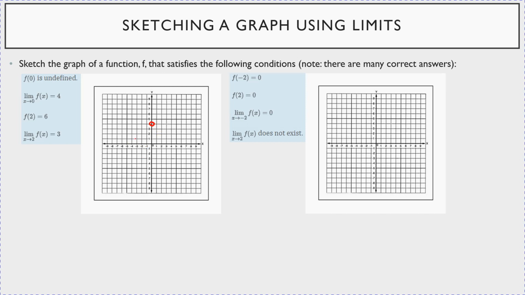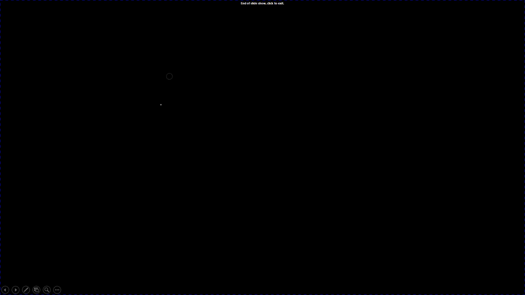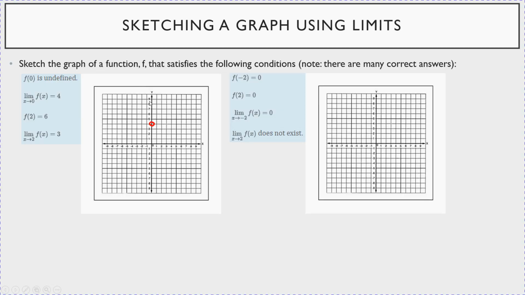Now here's the next thing. f of 2 has to be equal to 6, so it has to be right there. But the limit as x goes to 2 has to be equal to 3. So the limit is going to be equal to a different value, so I'm going to put a hole in here. And now you tell me if, as I sketch this, this works.